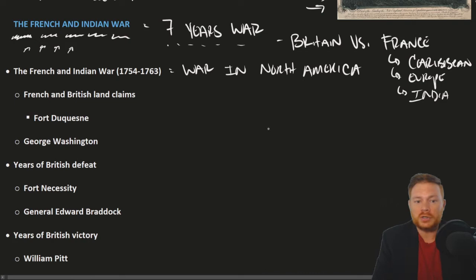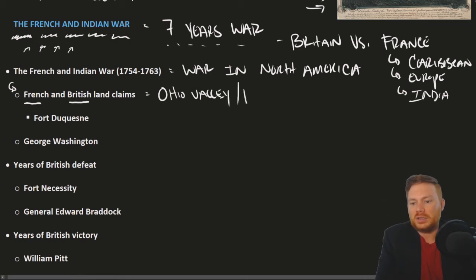So this war, the French and Indian War, or the 7 Years' War, started as a conflict between French and British land claims. Essentially, both Britain and France had made claims to land located around modern day Pennsylvania. They called it the Ohio Valley. We might also call it, we'll say Pennsylvania.